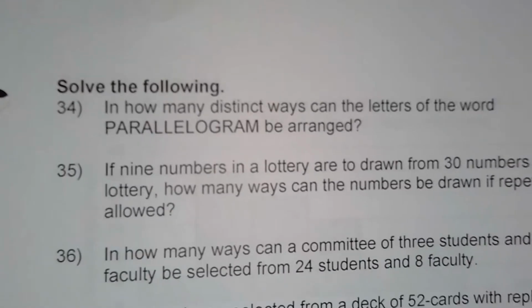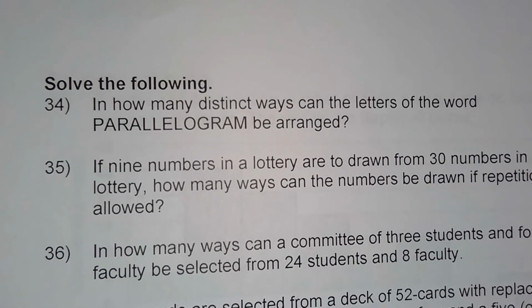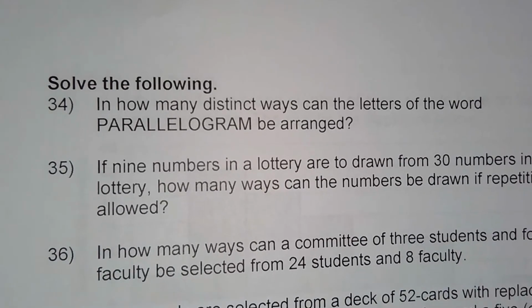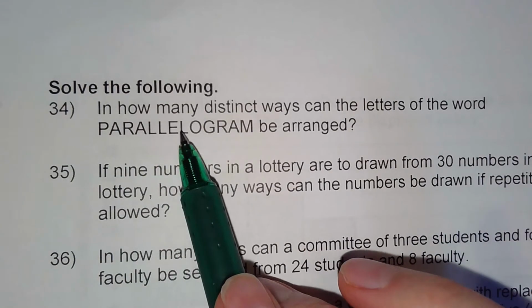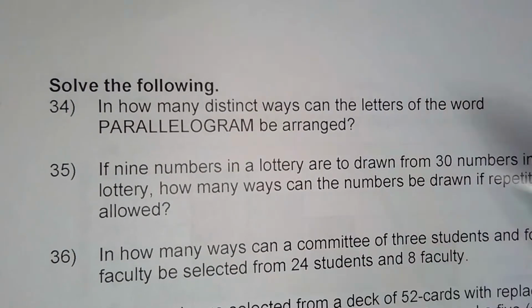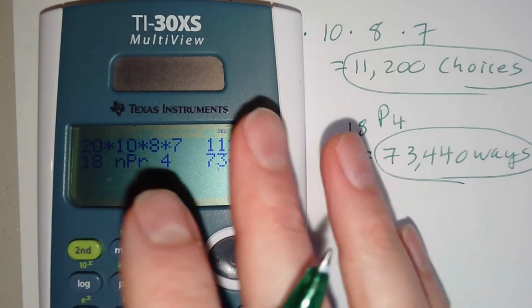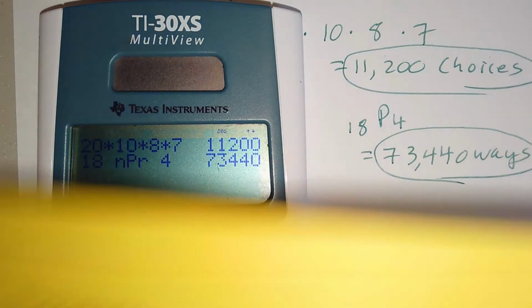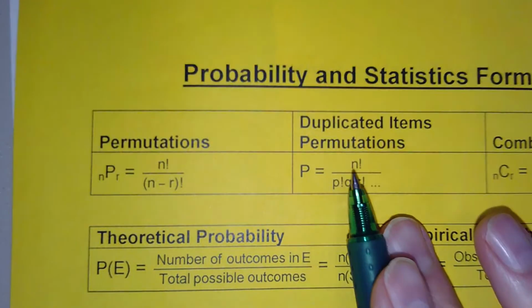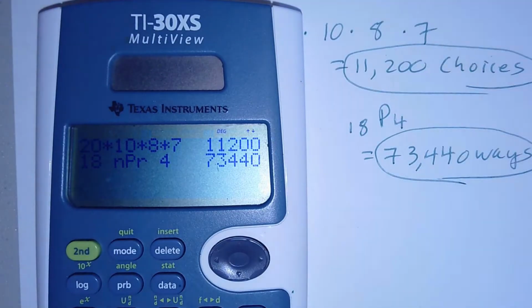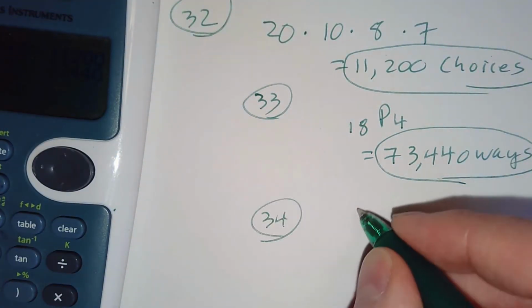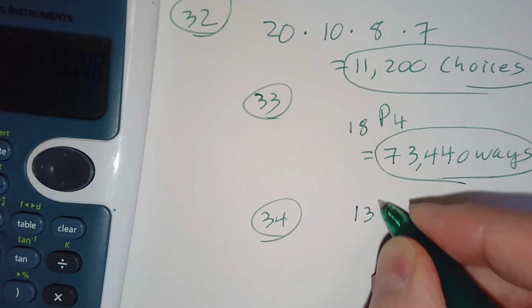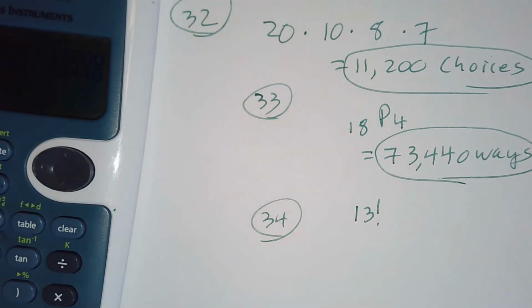So number 34, how many distinct ways can the letters of the word parallelogram be arranged? So we have 1, 2, 3, 4, 5, 6, 7, 8, 9, 10, 11, 12, 13 letters. And so we're going to use our formula for the duplicate items permutation. We have 13 letters, and now we have to look at the repeats.